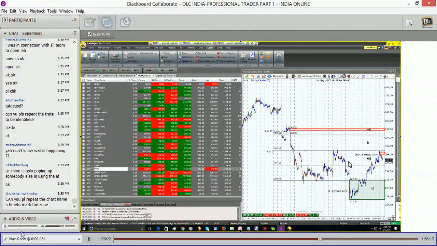It's a weekly income trade in Tata Steel, Bhuvaneshwari. Tata Steel weekly income trade.